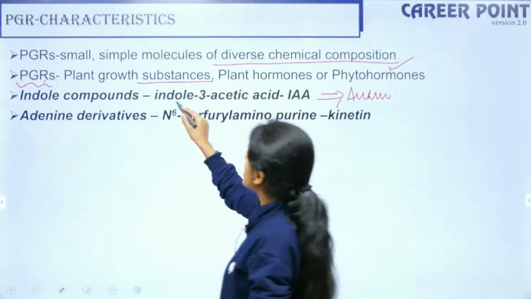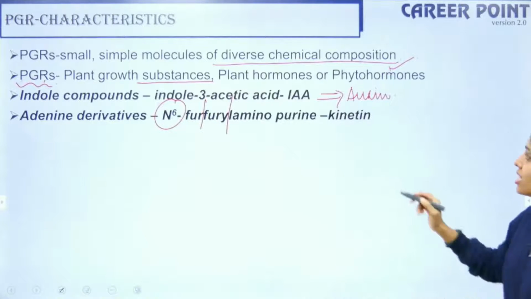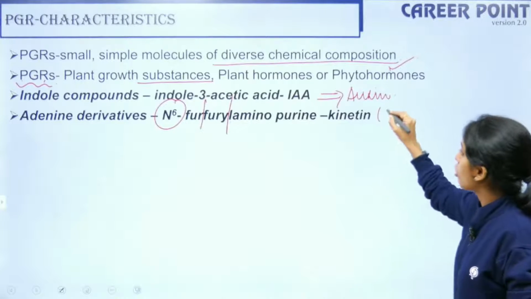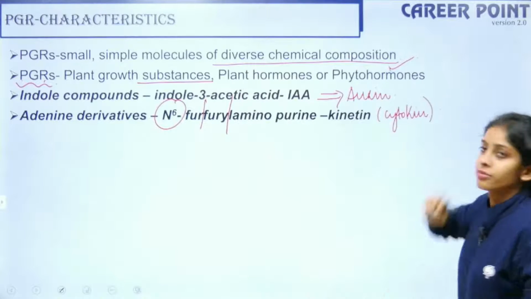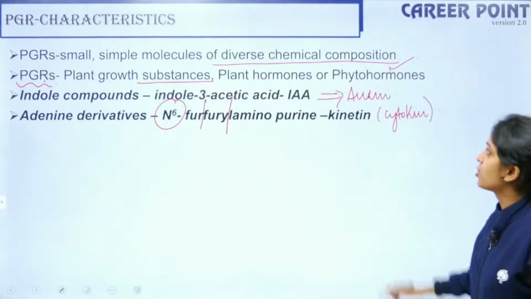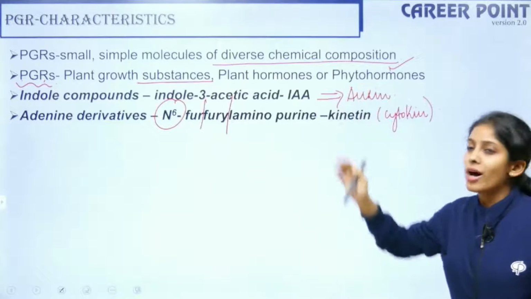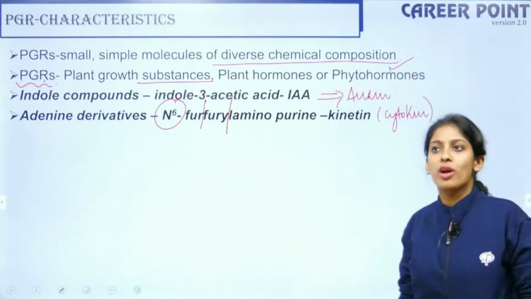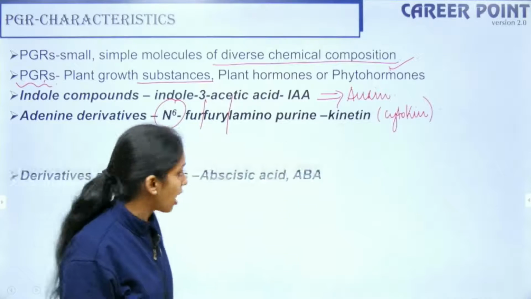They contain N6 furfuryl aminopurine. This is your kinetin, also known as cytokinin. So the one that contains indole compounds is auxin, and the one that contains adenine residues or N6 furfuryl aminopurine is cytokinin.